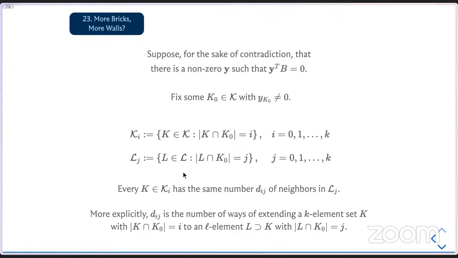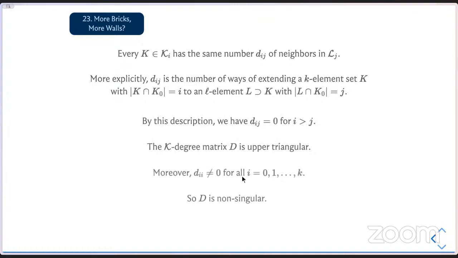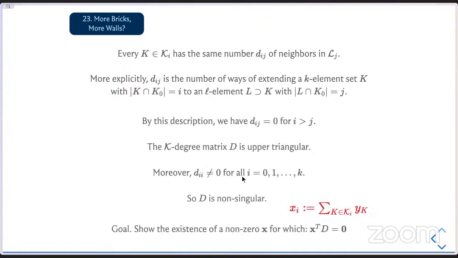So to get from Y to an X, a vector with K plus 1 coordinates, what you do is basically you look at all the sets that are in the same part of this partition, right? And you basically take those Y values and you add them up. That's how you define X based on Y.